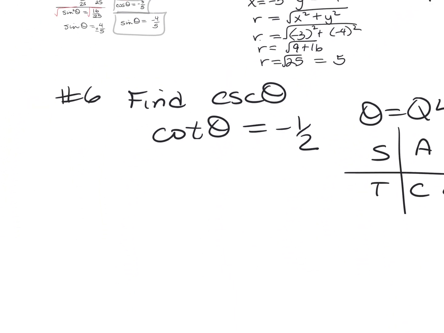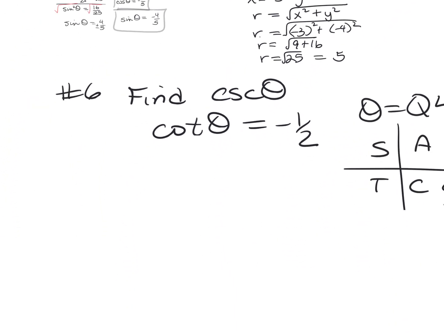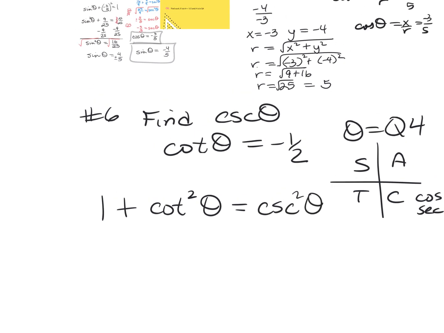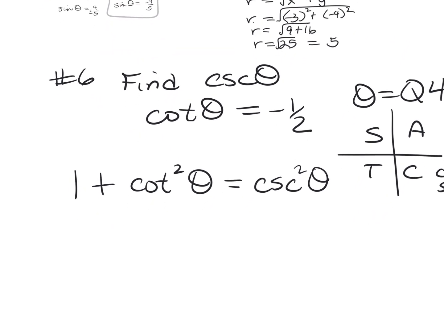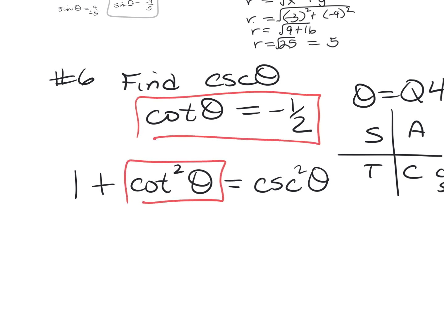So the identity I'm using is 1 plus cotangent squared theta equals cosecant squared theta. So now I'm going to replace what they gave me. I'm going to take out cotangent, and I'm going to put in negative 1/2, but I have to square it.